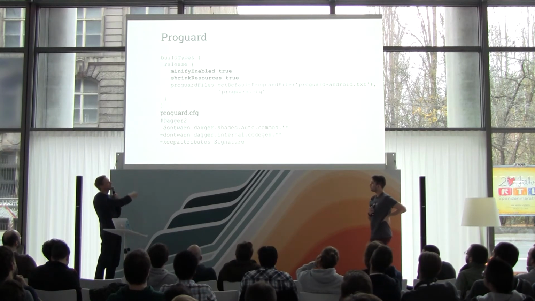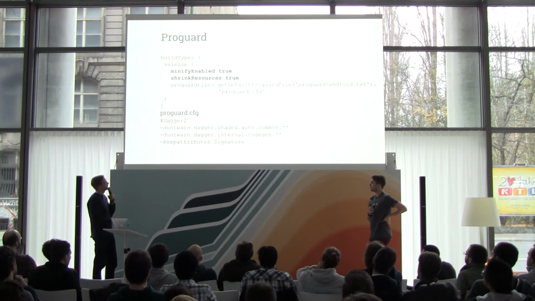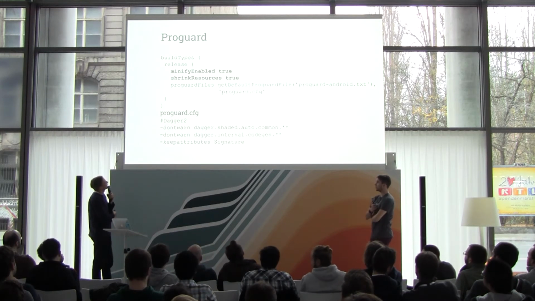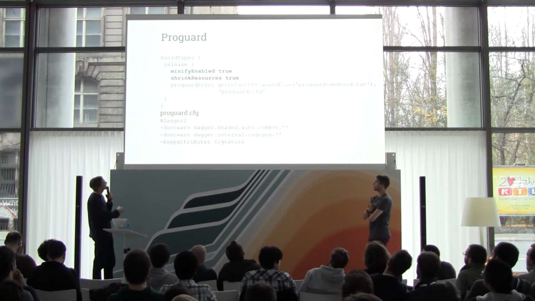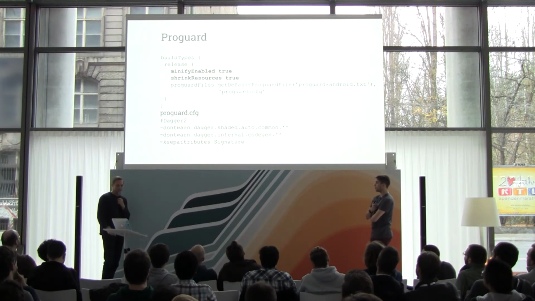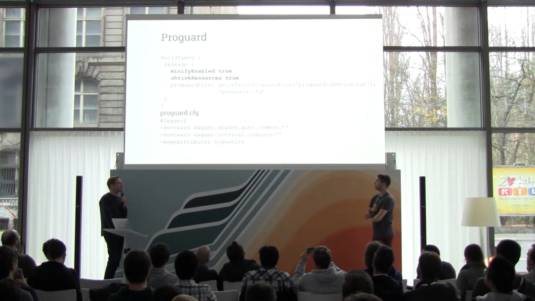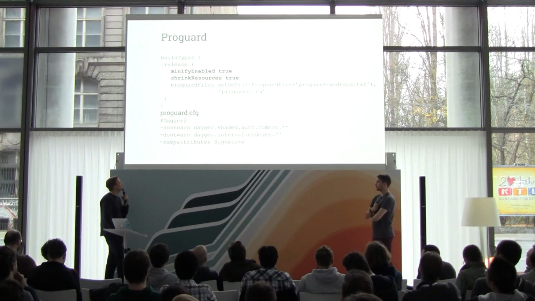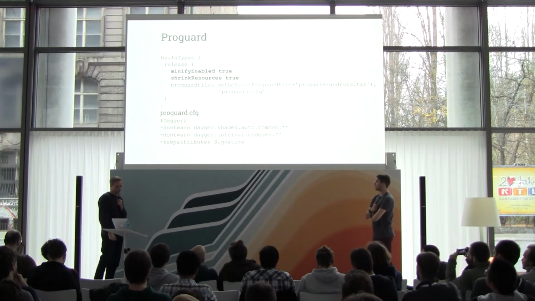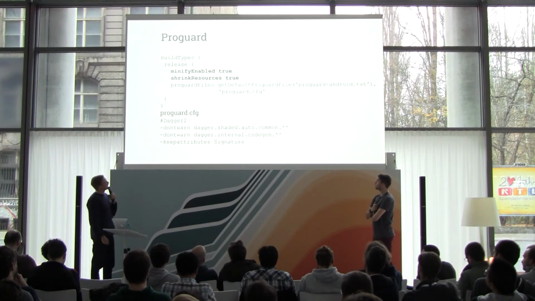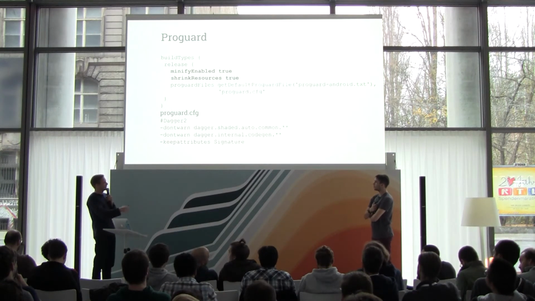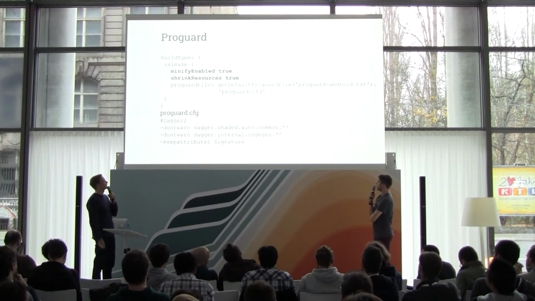There are just two flags, but as pointed out earlier, the devil is in the detail, so it needs a lot of configuration so that it can keep the stuff that your app actually needs. So be careful to put in all these setup configurations for ProGuard and run your tests and your test flow.